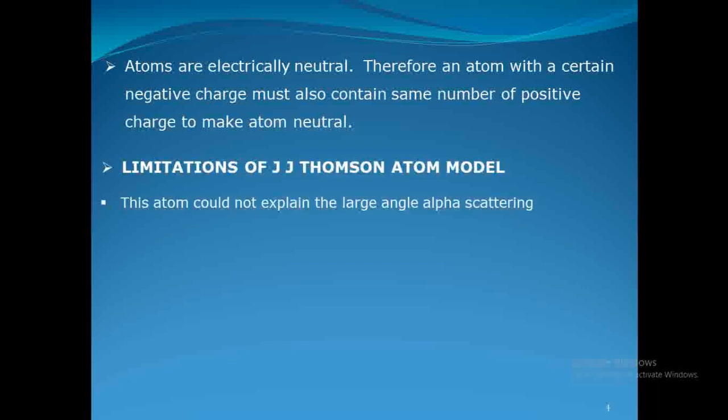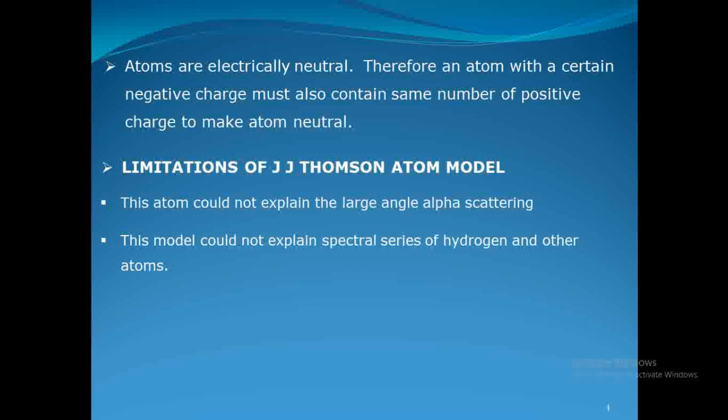Why will the atoms emit line emission spectrum? Another major failure of the J J Thomson atomic model was that it could not explain the large angle alpha scattering conducted by Rutherford. So this is the main failure of J J Thomson atomic model.